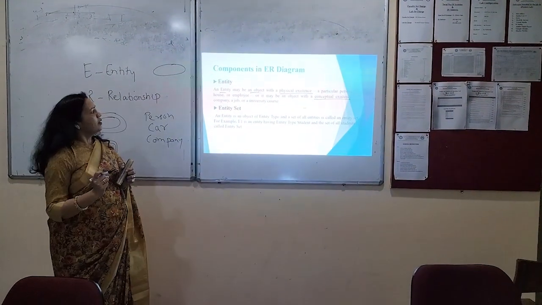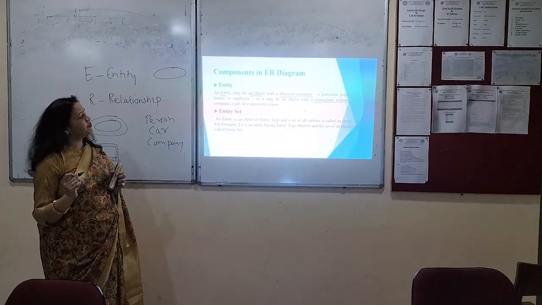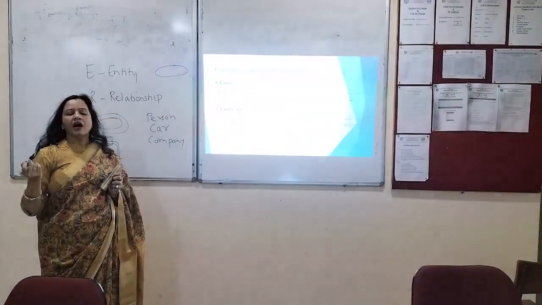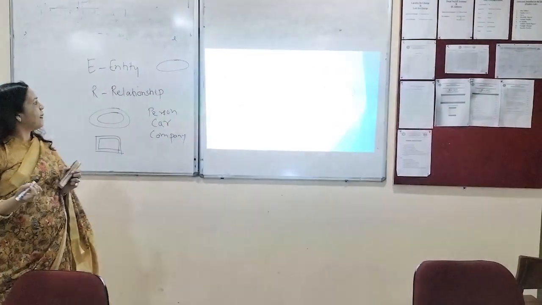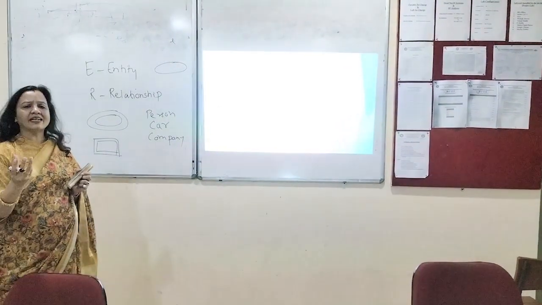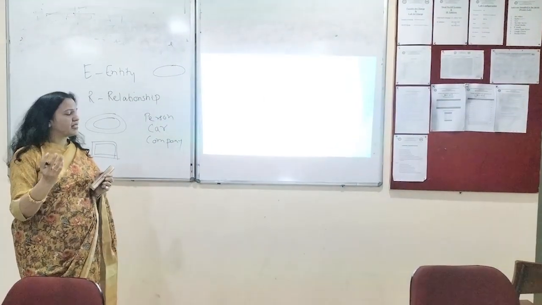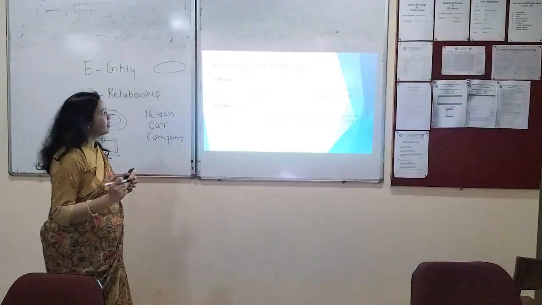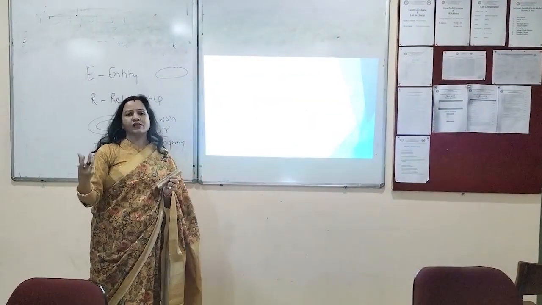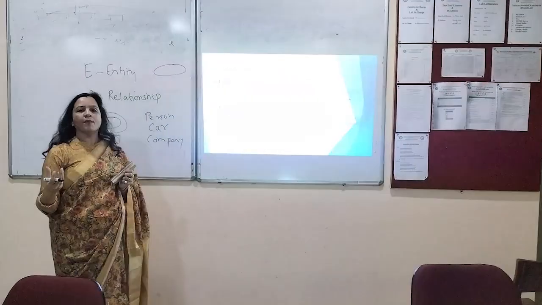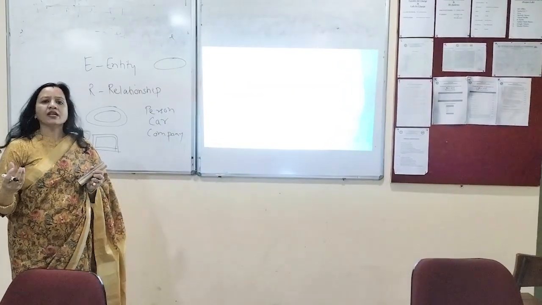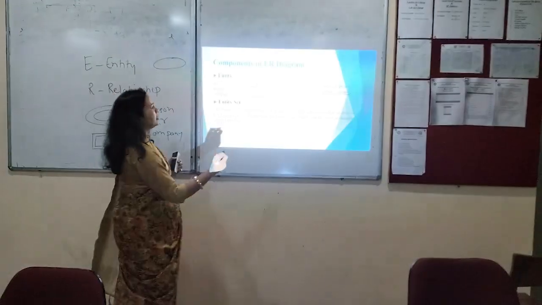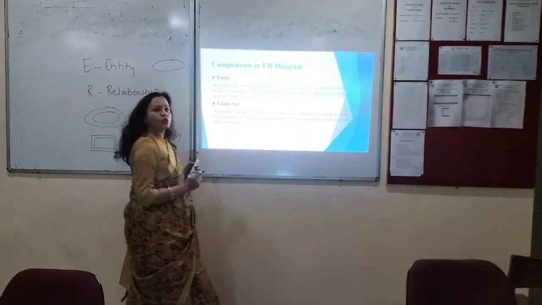In physical existence we can have a person, a car, an employee, a bank account, etc. Anything that is present physically is a physical existence entity. And anything which we have as a concept, like a company, a job, a university, we call a conceptual existence, and that is also an entity.